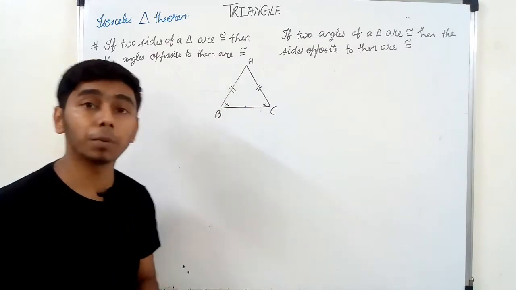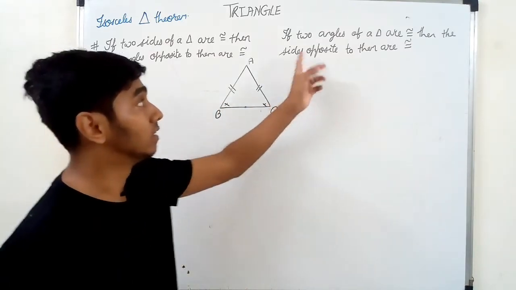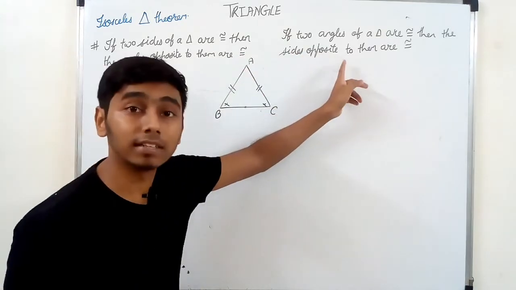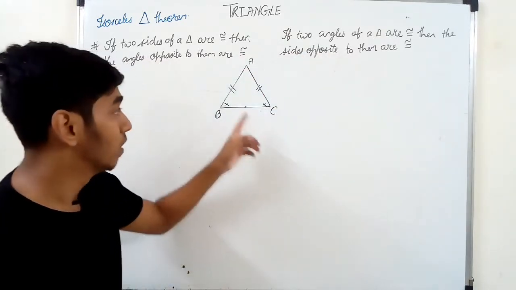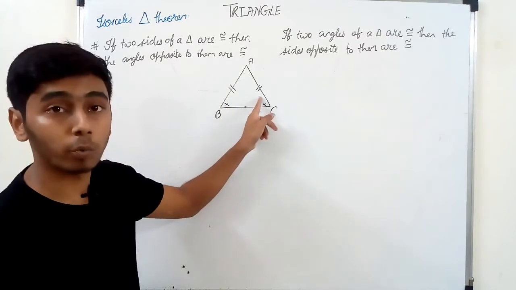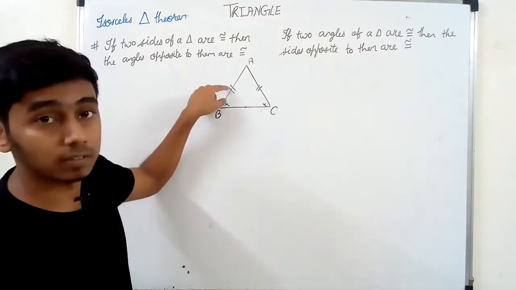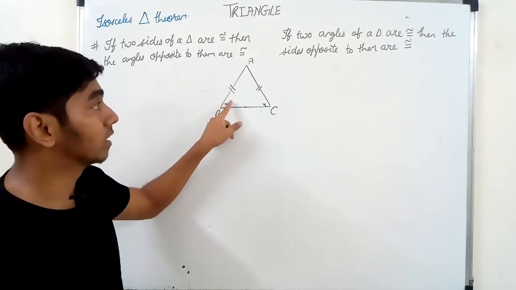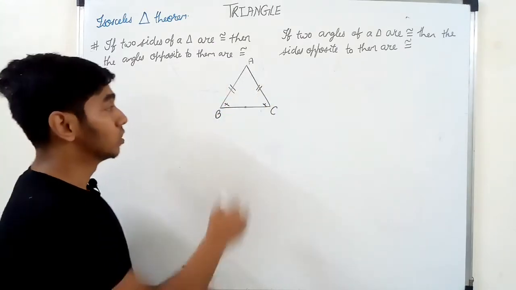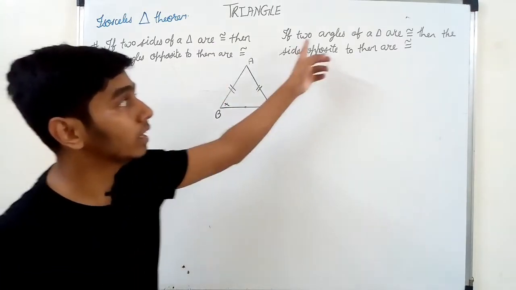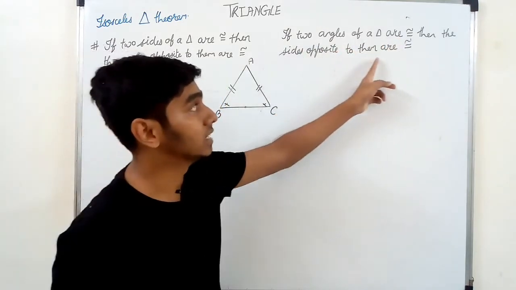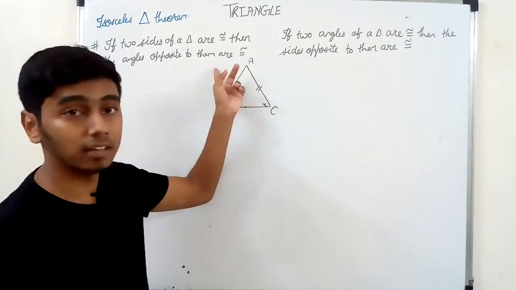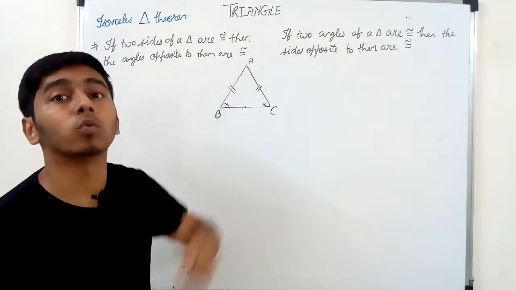The converse of this says that if the angles are congruent, then the opposite sides are congruent. So this is the theorem and this is its converse.